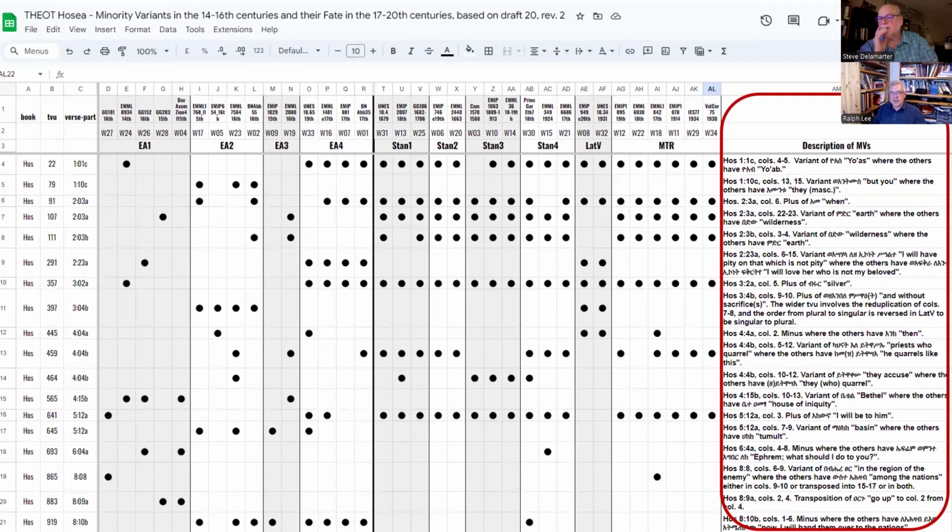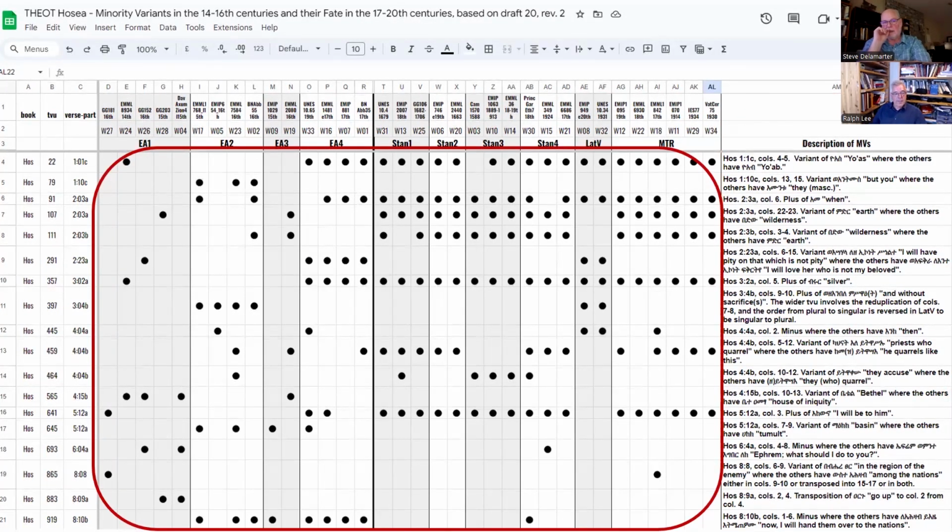And finally, the description of minority variants. So the text, written very carefully to identify the text of the variant, the minority variant that we've identified in the first place, compared with the text that's the majority text in the ETH1 period.